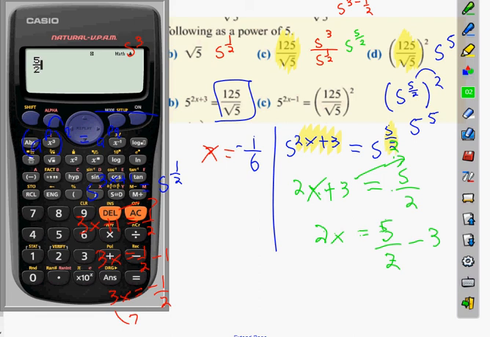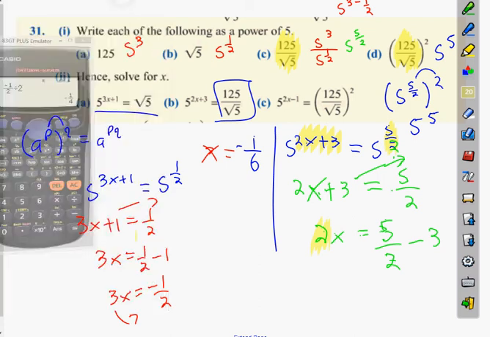This minus a half is then going to get divided by 2. So minus a half divided by 2, and you're going to get minus a quarter.